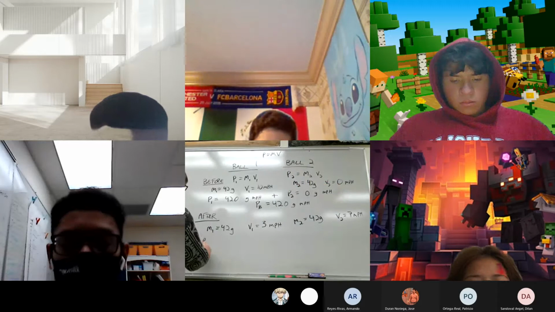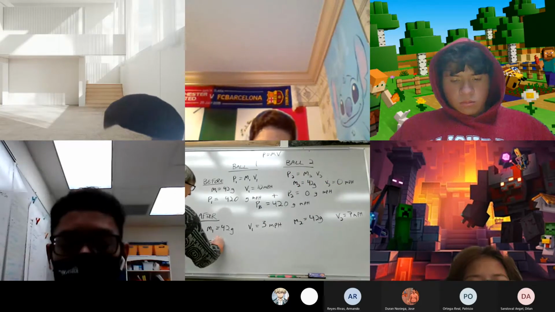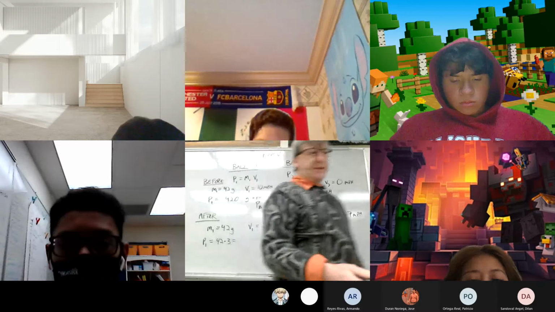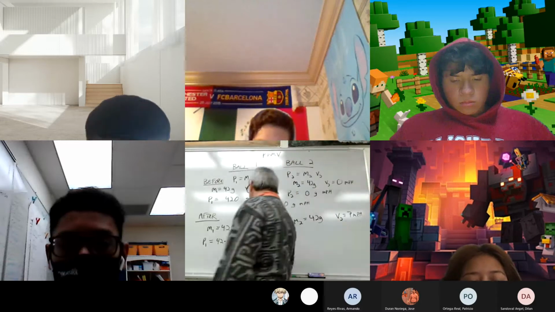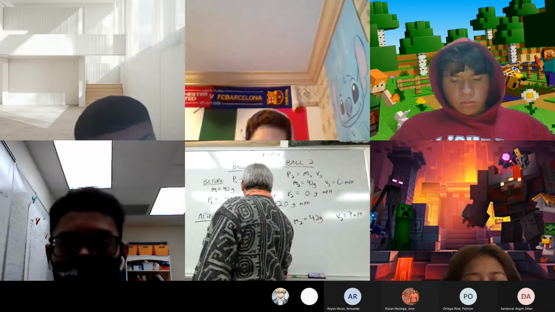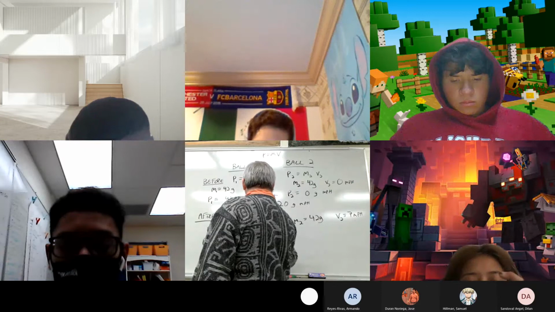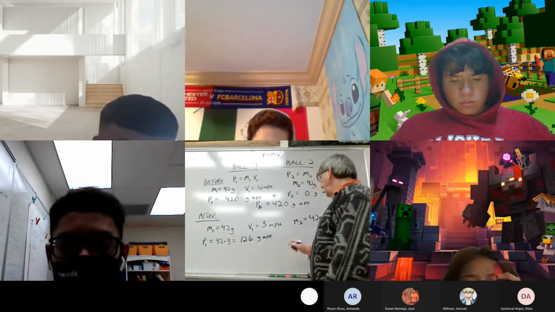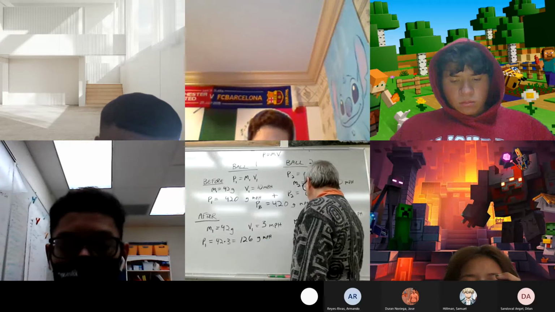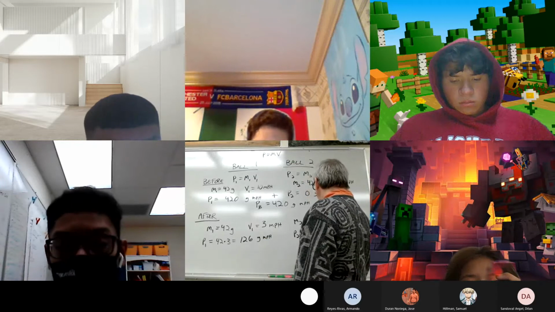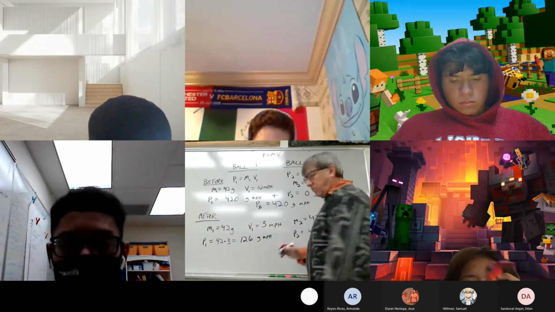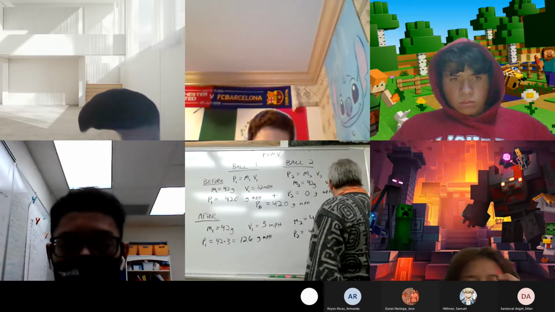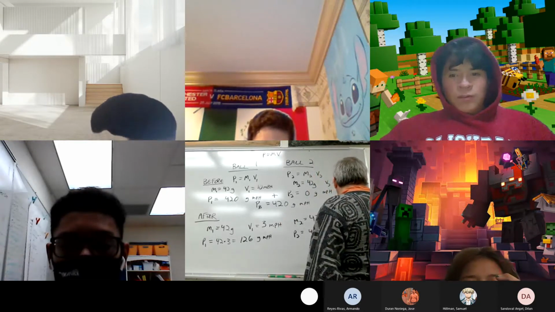So momentum of ball 1 would then be 42 times 3, and I've already put this in my calculator. That is 126 gram miles per hour. Meanwhile, for ball 2, P2 equals mv. 42 times 7 equals 294 gram miles per hour.